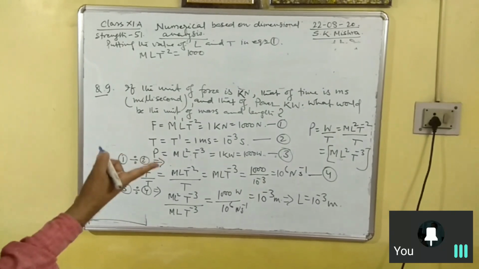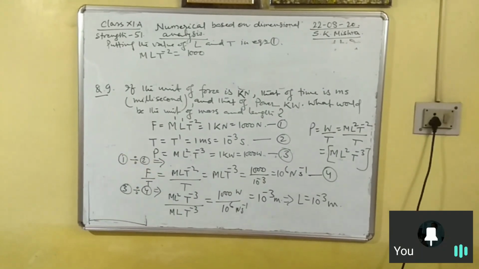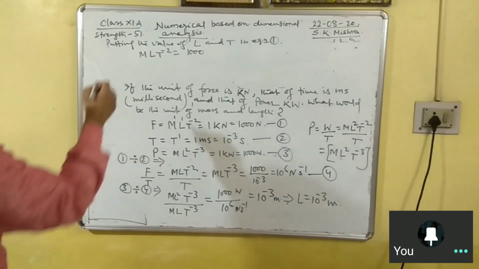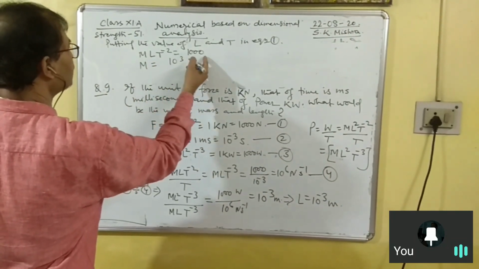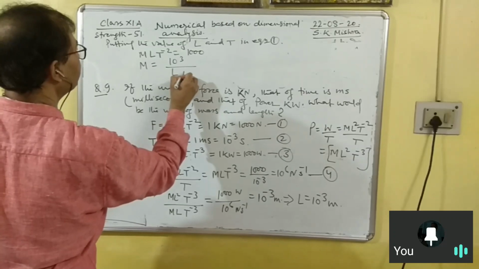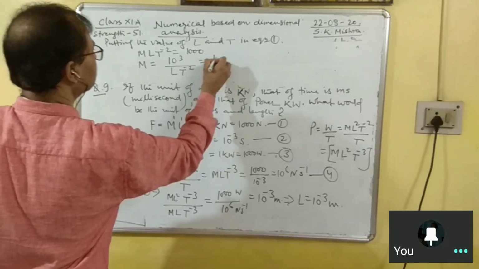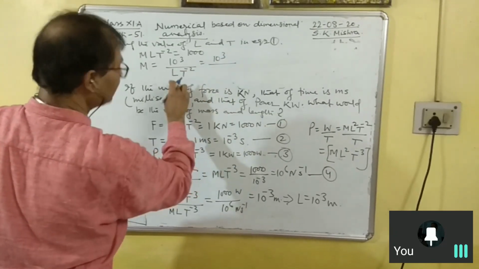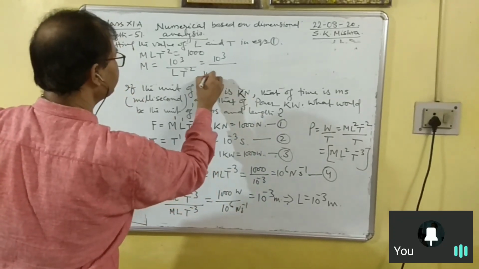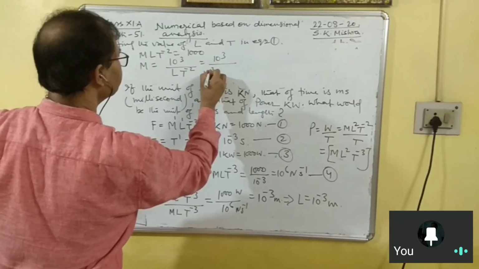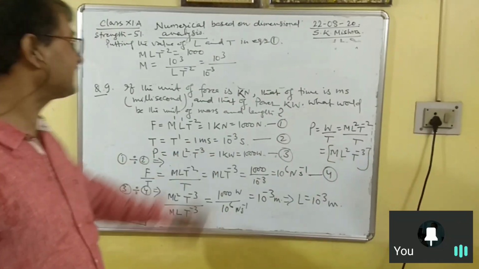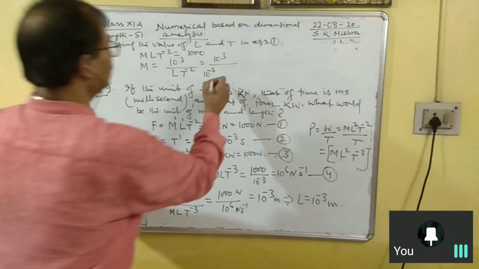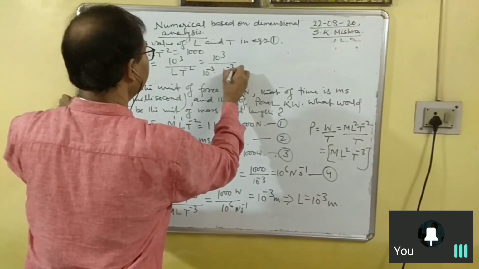L you have already found, 10 raised to minus 3. So m is equal to 10 raised to 3, that is 1000, divided by L T raised to minus 2. 10 raised to 3 divided by L, which is 10 raised to minus 3, and T is 10 raised to minus 3 second, raised to minus 2.